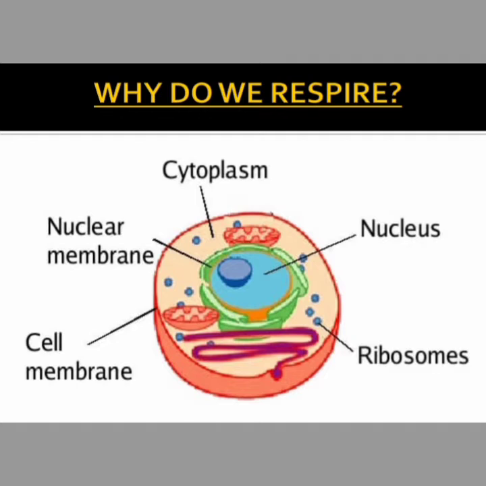Each cell of an organism performs certain functions, such as nutrition, transport, excretion, and also reproduction, isn't it? One cell divides to give rise to two cells, so that is how reproduction takes place. To perform these functions, the cell needs energy.